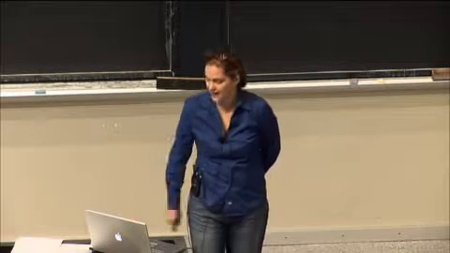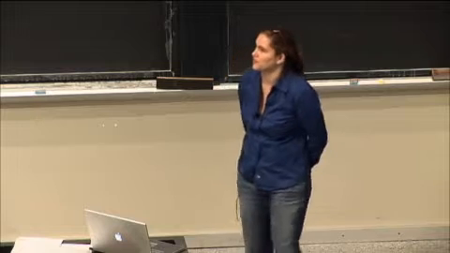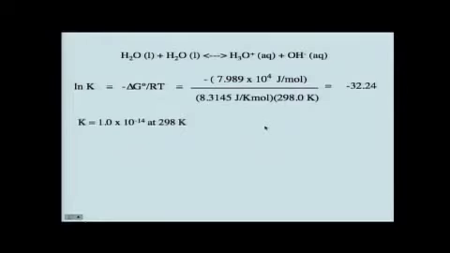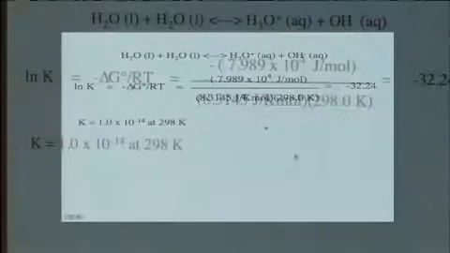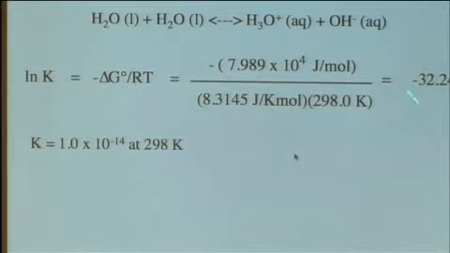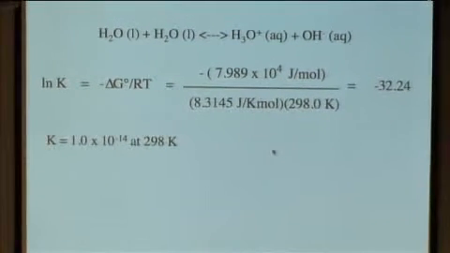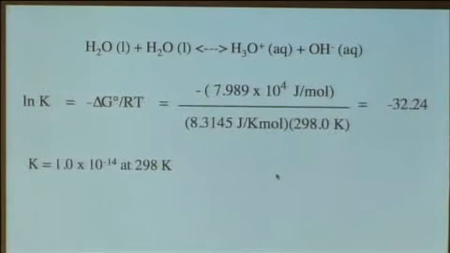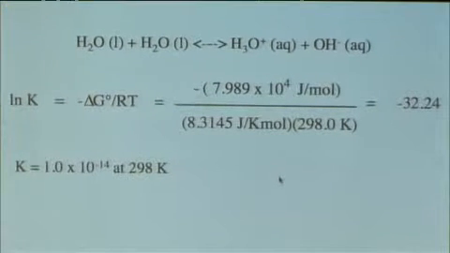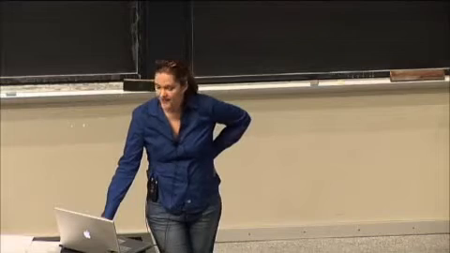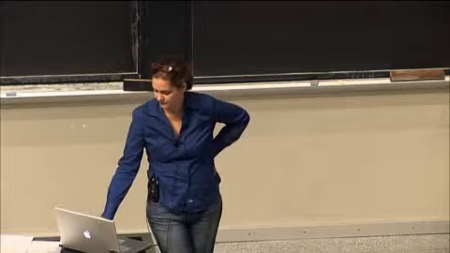So again, from that perspective, we'd also expect it to be small. So now we can plug those values in. We calculated this delta G. We know the gas constant. We're at room temperature. And so we get a value of K as 1.0 times 10 to the minus 14th at room temperature. And that's a small number.